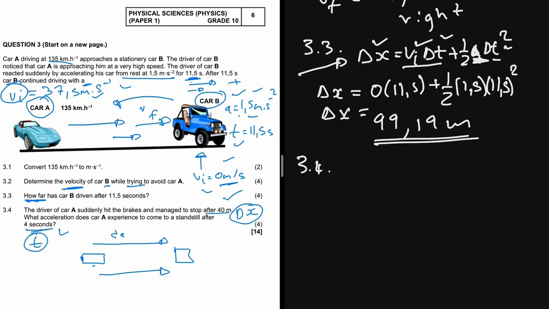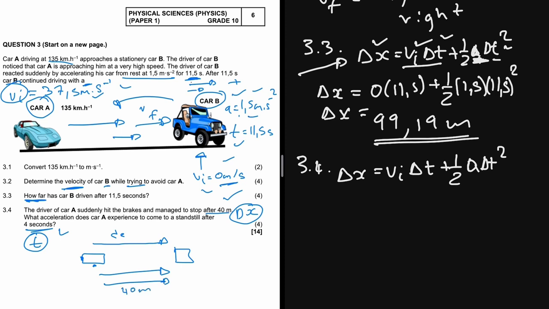So now let's use that equation of motion. We're going to say now the change in displacement is equivalent to initial velocity multiplied by change in time plus 1 over 2 acceleration change in time squared. So we know the displacement when the car hits the brakes. Remember now the displacement is still going to the right, so the displacement will be positive.